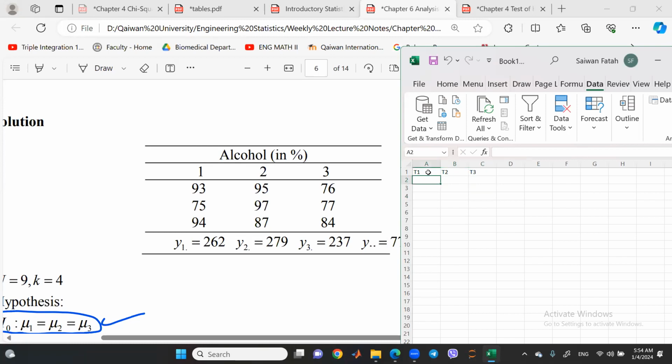Now, we have 93, 75, and 94 for the first one. For the second one, we have 95, 97, and 87. For the third one, we have 77, 76, 77, and 84.